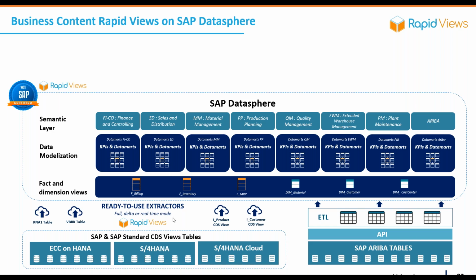And after, we redevelop and install in the SAP Datasphere all our views, approximately 300 views from the business content of RapidViews, approximately 50 data marts, and we also install approximately 20 cross-module data marts. Cross-module data marts are data marts that mix information from finance, material, PM, Ariba.